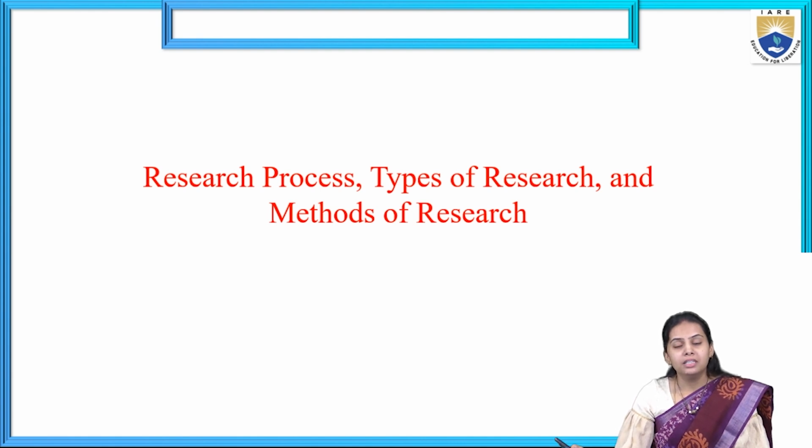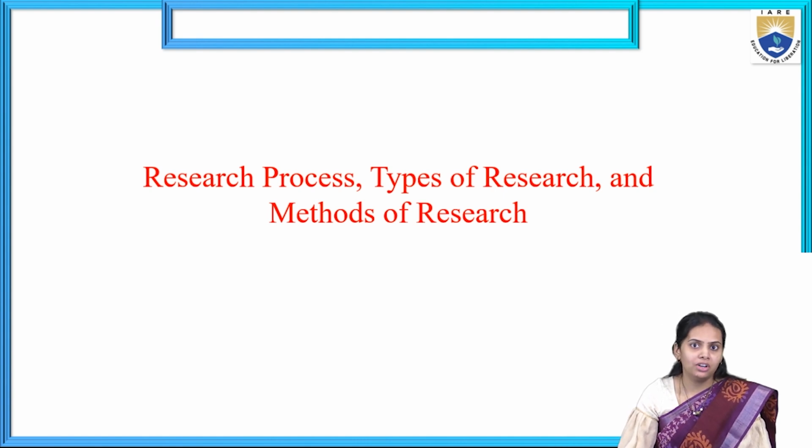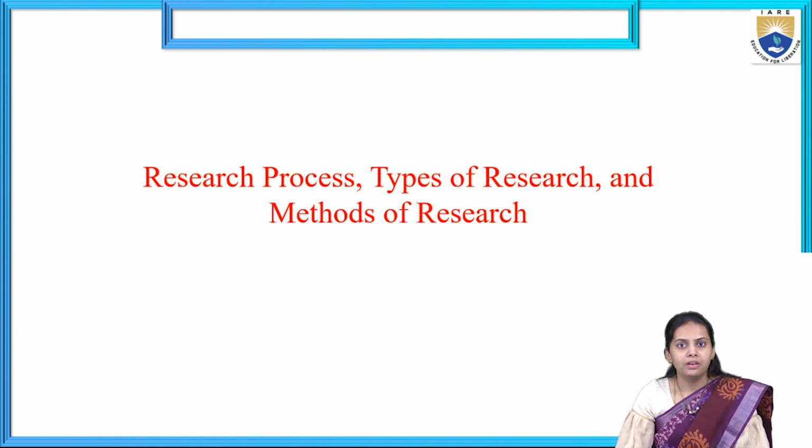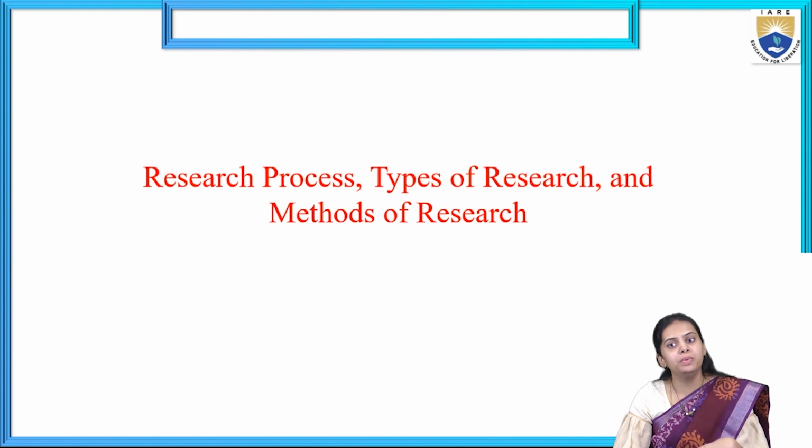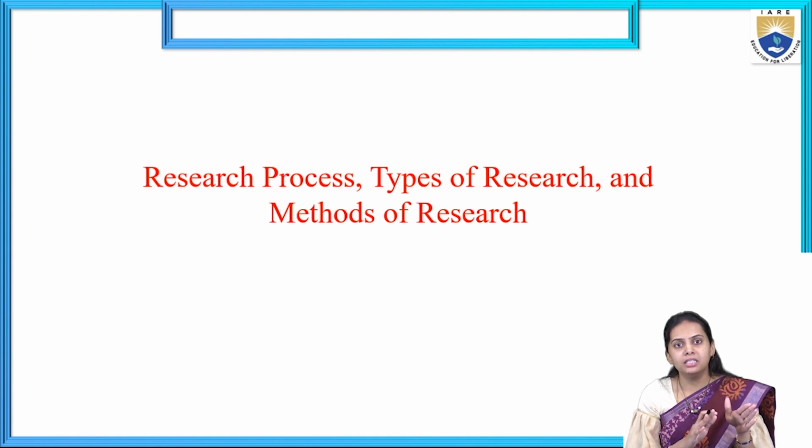So, the other one is the research process and types of research and methods of research. See, what is research? Researching for a required thing or to prove what you believe. To do research, any researcher has to go through some process.